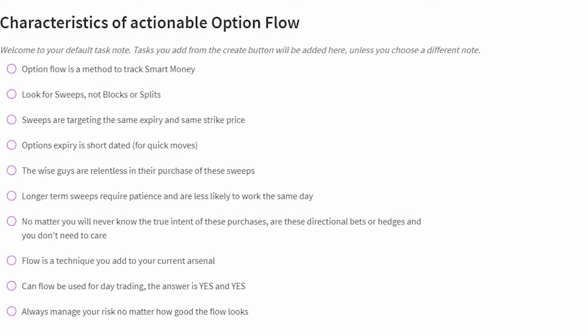The flow is a technique that you can add to your current arsenal. What I mean by that is, some people trade entirely on option flow or dark pools and other methods. What I tend to do is take option flow and combine it with the strategy that I've developed, which a number of you who've been subscribers to my YouTube channel know, we trade a strategy called the Ultimate Trading Strategy, which essentially gives you automated buy and sell signals.